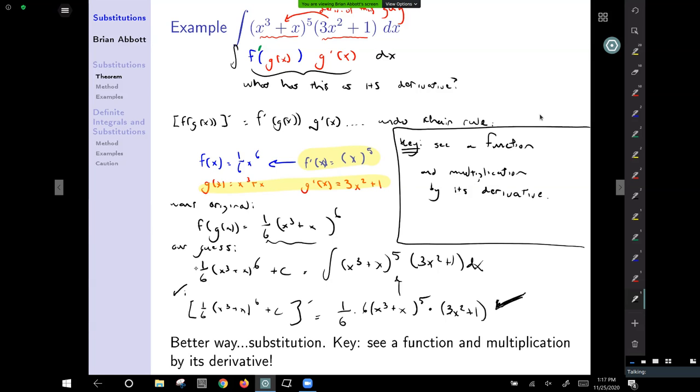It's absolutely okay to think, I'm going to just look for a function and its derivative. Maybe that function's hidden inside something. Maybe it's not. This is just a key, the idea that a substitution is going to help me, because oftentimes if you're dealing with the chain rule with differentiation, you're going to see the function and its derivative. And so if we're trying to reverse the chain rule, then we need to see a function and its derivative in our integrand.